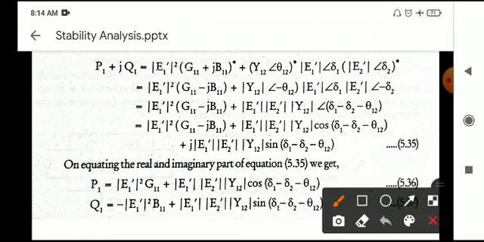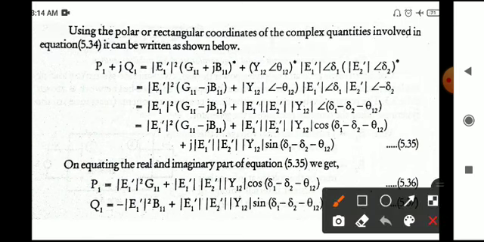If we equate the imaginary terms, on the left hand side we have Q1, so Q1 will be equal to, in the first term, the imaginary term minus j, so that is minus B11 into mod E1 dash square.